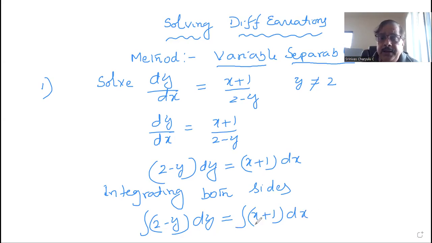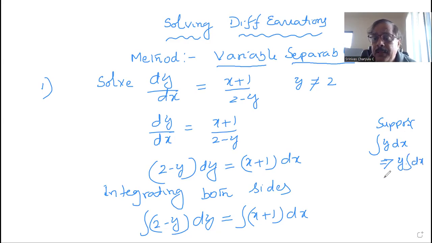Before we go ahead, I would like to tell you an important point here. Suppose you are having integral y dx. For this, y should be treated as a constant, and only integral dx you should do. So the answer is yx plus c.